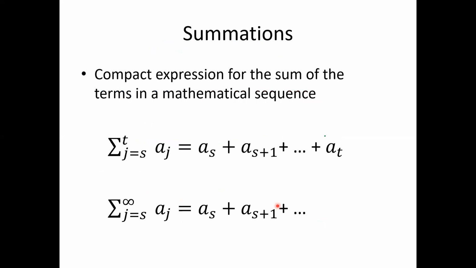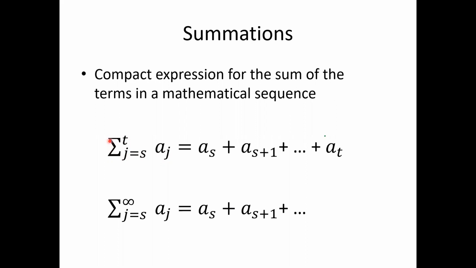Let's move on. Summations. If you have a sequence, you can define a sort of higher level construct, a summation over the sequence. The summation has this sigma sign. It's a Greek letter. It's read summation of sequence terms aj, where at the bottom we say the index j starts at s, and at the top we say where it ends.